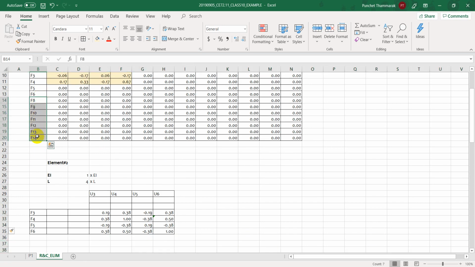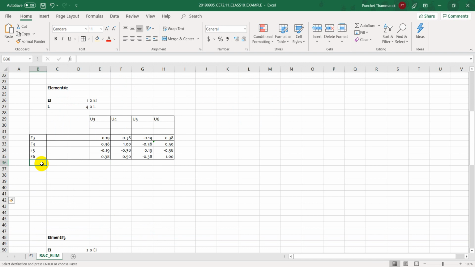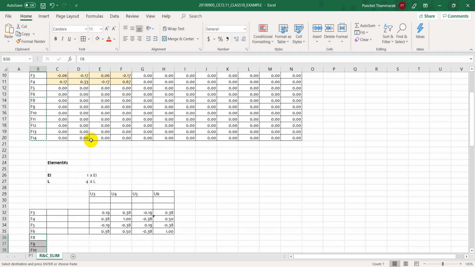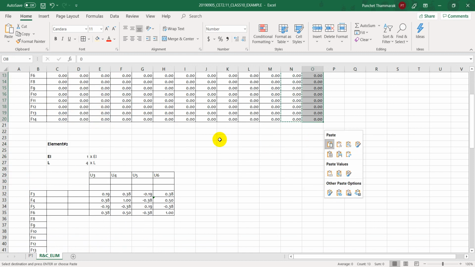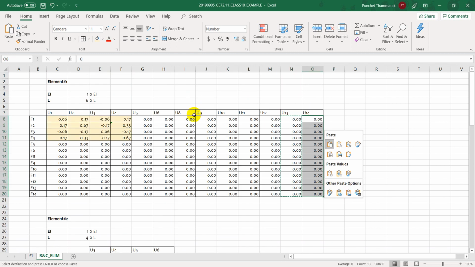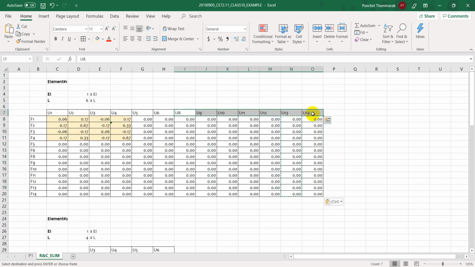6 to 14, put them all here, and oh, this is just 13, right? I need 14. Okay, so 8 to 14.